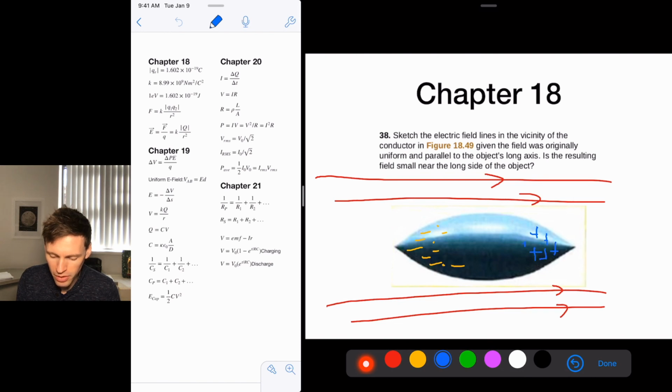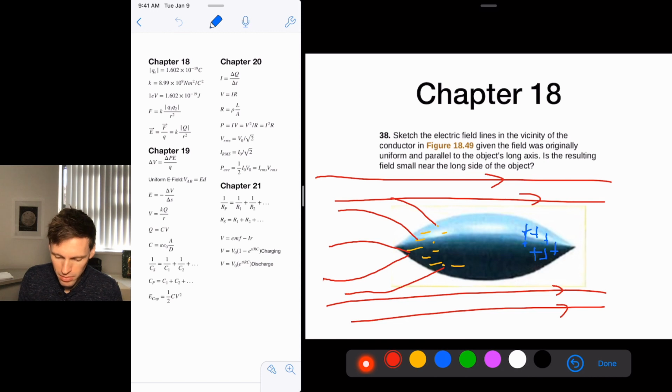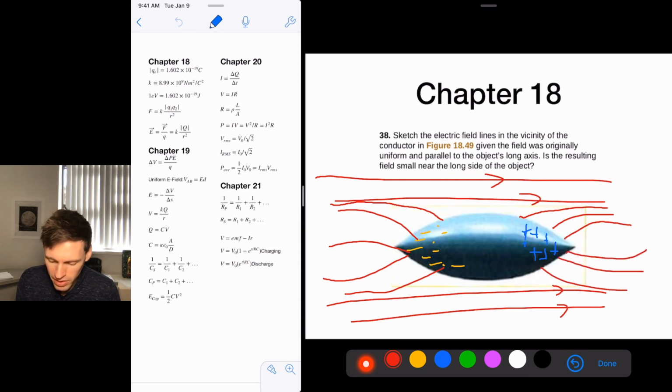So this is a conductor in an electric field, and the lines are going to come in and end on the negative charges, and then they're going to go back off. The key thing to pay attention to is that the electric field lines end on negative charges, and that they are perpendicular to the surface when they leave. So they leave at a right angle.